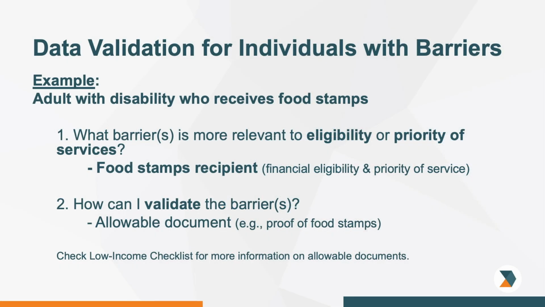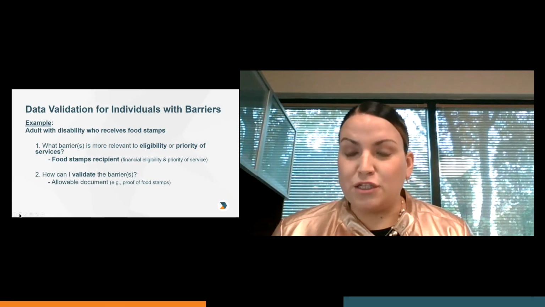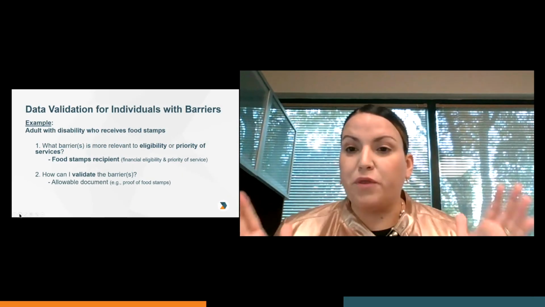So how can I validate the barrier? What kind of documentation? Yes, I see that coming through the chat already. SNAP letter. Yes, you validate this barrier with a number of documents. For example, here I have proof of food stamps. That could be that SNAP letter, right? The good thing is that we have created a low income checklist for you as part of this training and as part of the week.